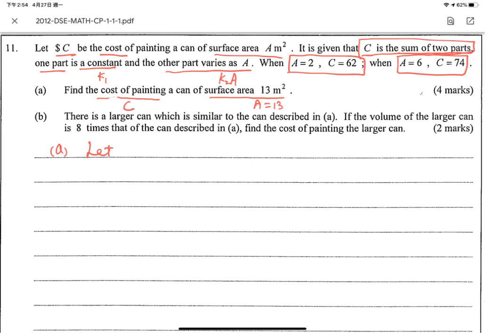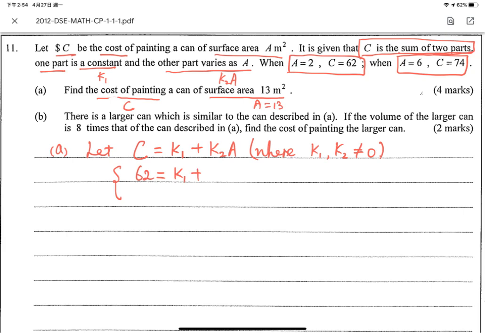So first of all, let C equal the sum of two parts. The first part is K1 plus the second part K2A, where we need to state K1, K2 are non-zero variation constants.